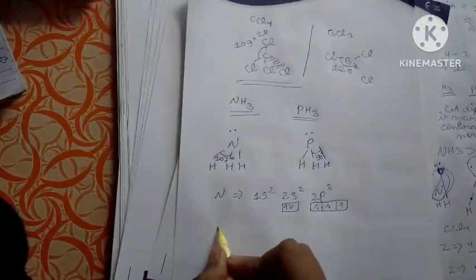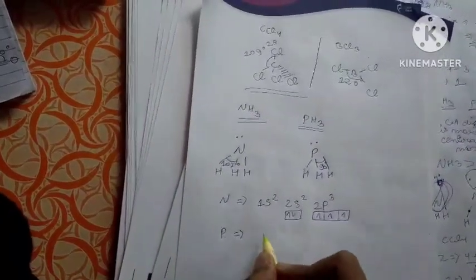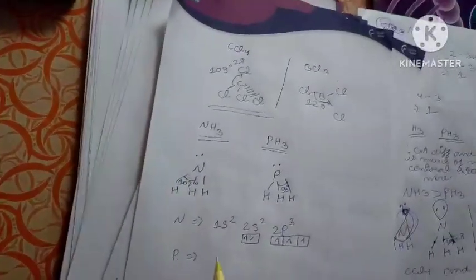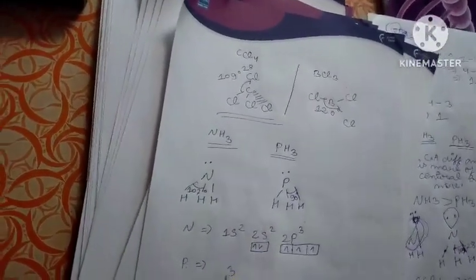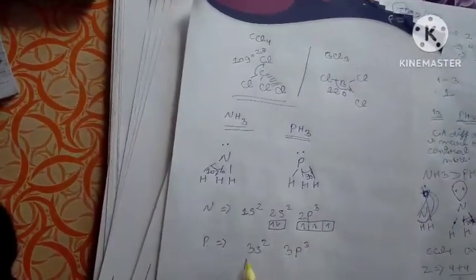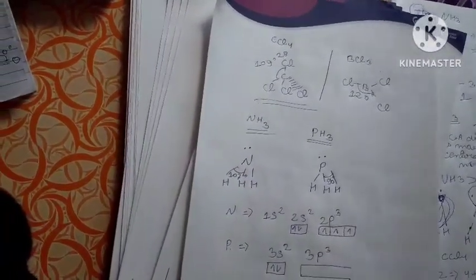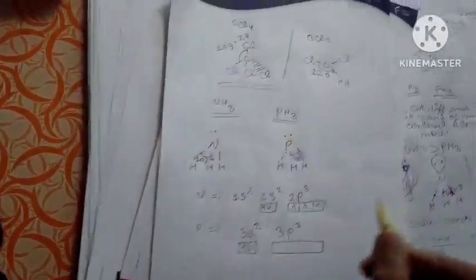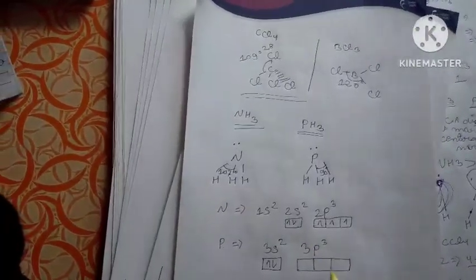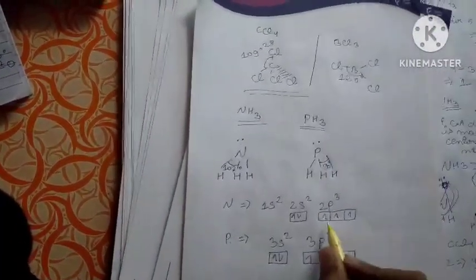And in phosphorus, whose atomic number is 15, 3s2, 3p3 will be its valence electrons. I am not writing the configuration here. Lone pair is 1 in each molecule, and it will make bonds with 3 atoms.